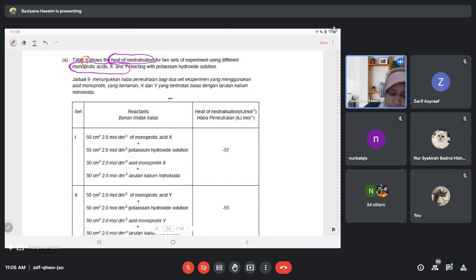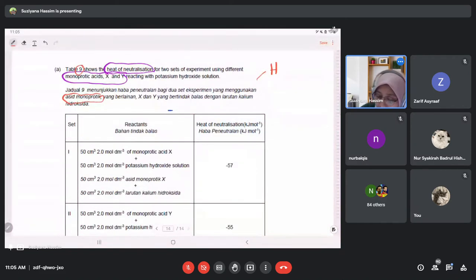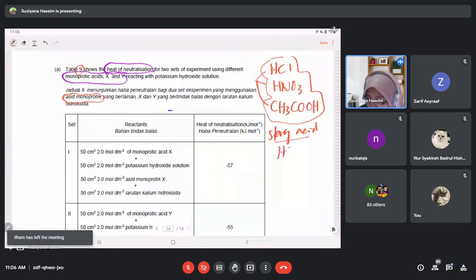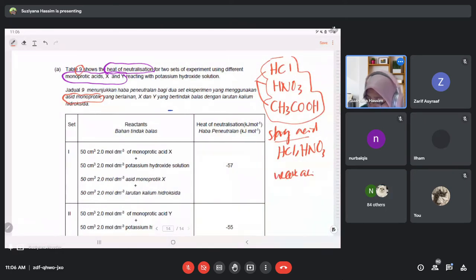So the question asks about monoprotic acid. When we say monoprotic, quick examples: HCl, HNO3, CH3COOH. Among these three there is a difference. HCl and HNO3 are strong acids. CH3COOH is a weak acid. You have to remember this. Even though they belong to the group of monoprotic acids, they have differences.